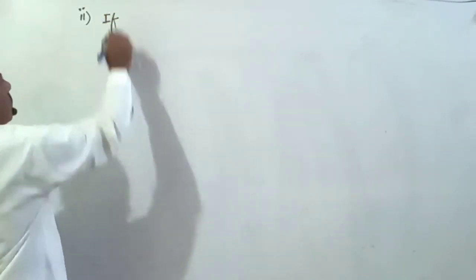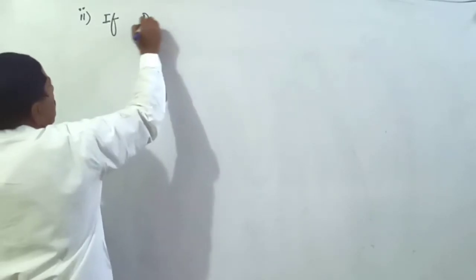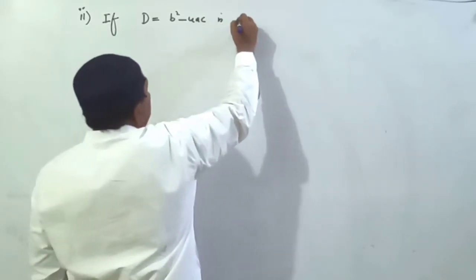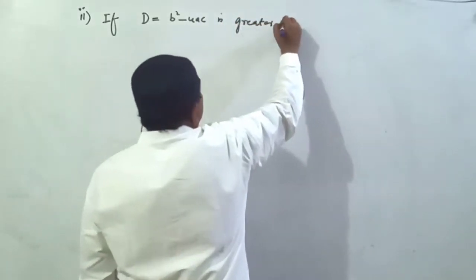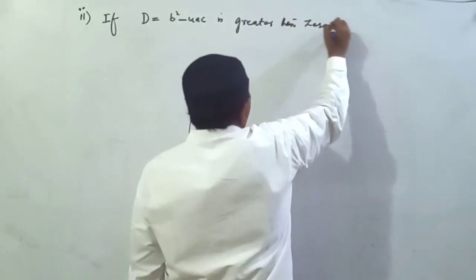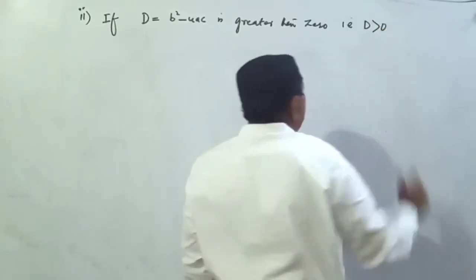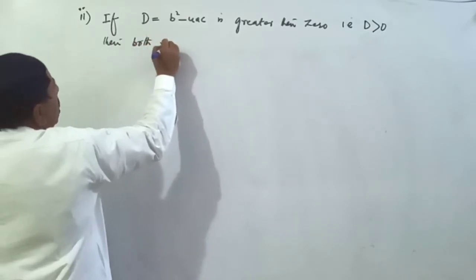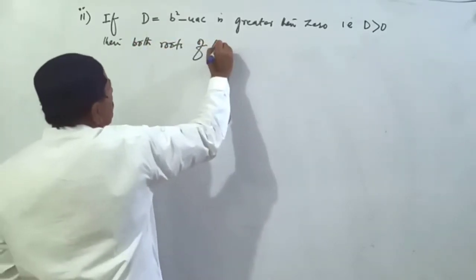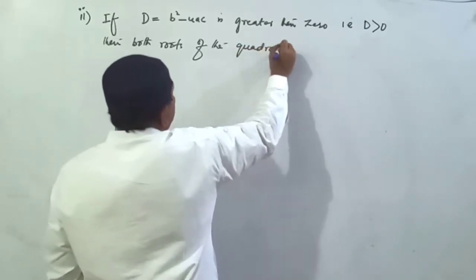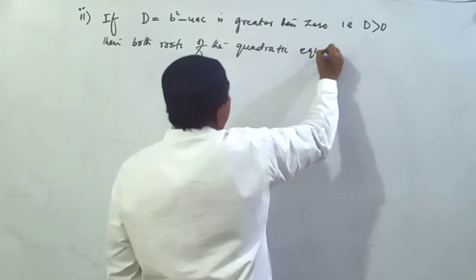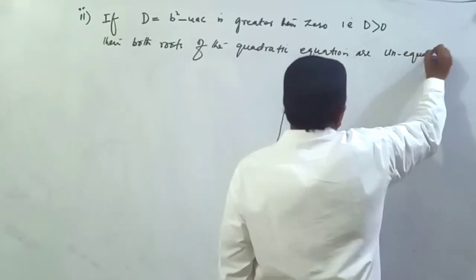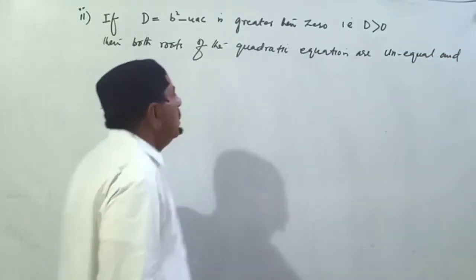If D is equal to B square minus 4AC is greater than 0, i.e. D is greater than 0, then both roots of the quadratic equation are unequal and real.